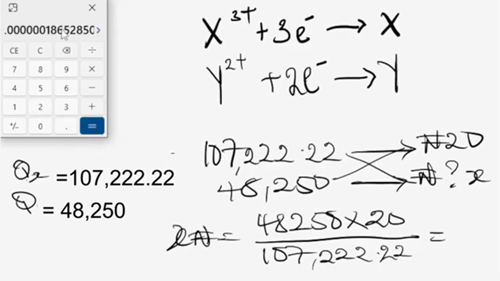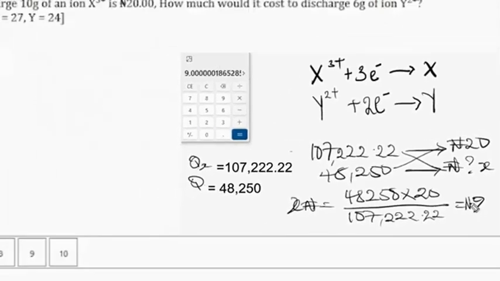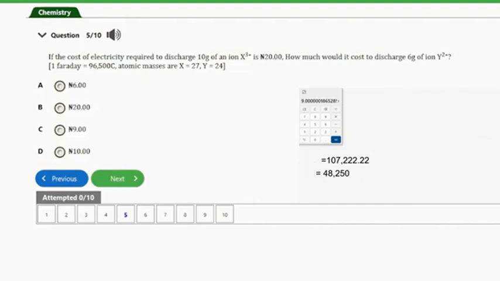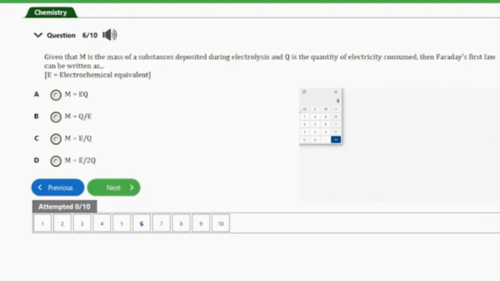So let's see what we have here. So this will be 9 naira here, right? And that's option C here. So guys, let's go ahead and wipe this. That's the answer to this question, and that's option C. So we are going to consider the next question, guys.